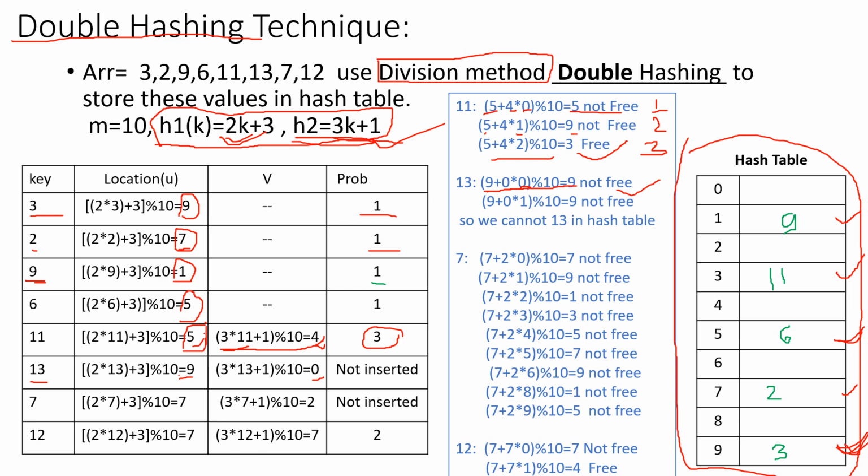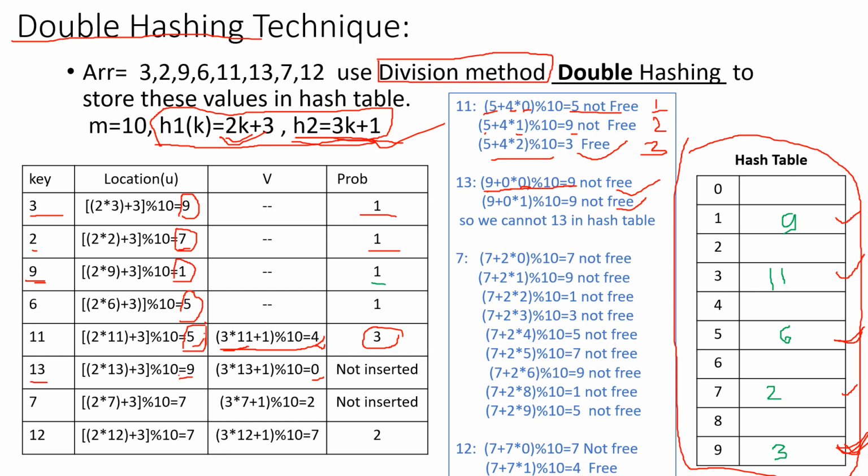Look at that, it's very important. Even if you increment i, previously it was 0, now i has become 1, and 1 into 0 is again 0, so again you will get 9. Similarly, you increment i from 1 to 2, and again you will get only 9. Every time you are going to get 9, 9, 9 like that.